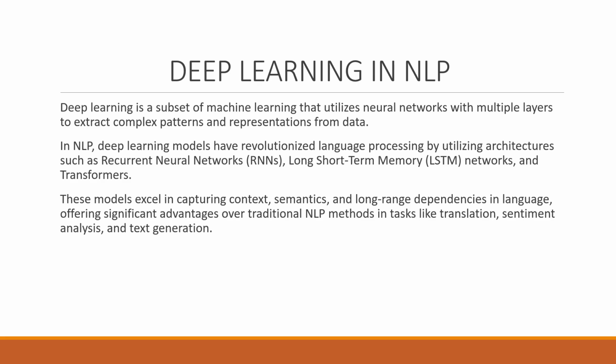Coming to the next, long short term memory. It is an improved version of recurrent neural networks which can understand data over long periods of time. And there are transformers. It is a powerful model that can process all parts of a sentence at once, making it great for translation and text generation. These deep learning models help NLP tools understand language in a more natural way.